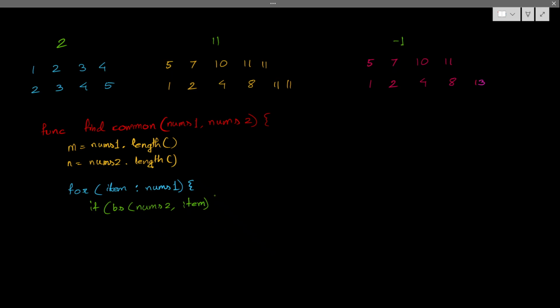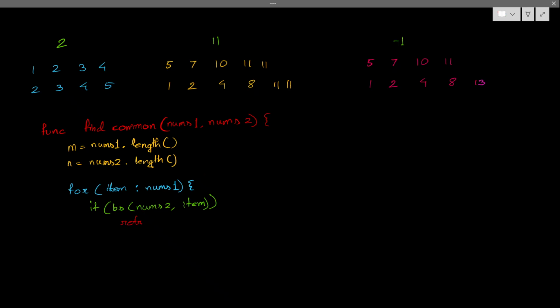If it is true, that means I found it. And as I can assure you, this is the first common element, because the two arrays are sorted. Even if I search from here and find that the element is already present in the nums1 array as well, I can say this is the minimum. So whenever it is true, I can simply return it.